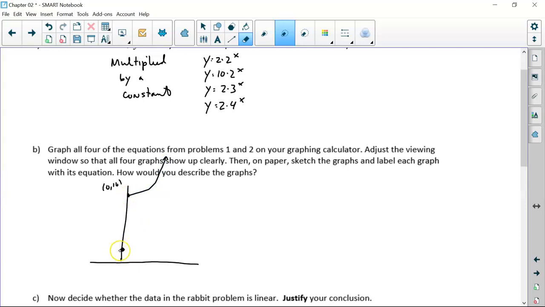Now, what's going to happen is they're just all going to have different steepnesses. And the steepest one of them all would be the one with the multiplier of 4. Y equals 2 times 4 to the x would be the steepest graph. It's got the largest multiplier.